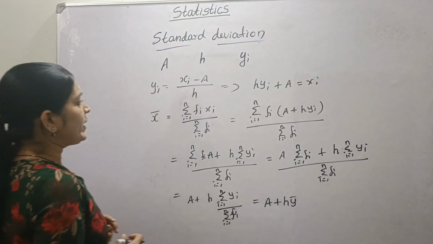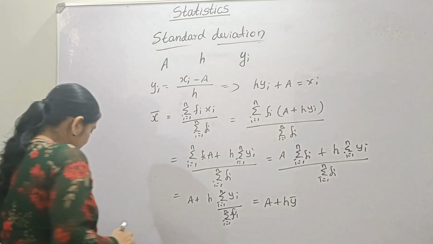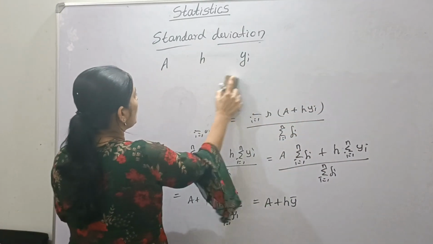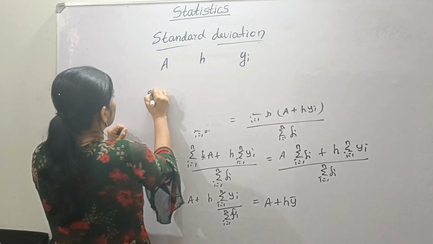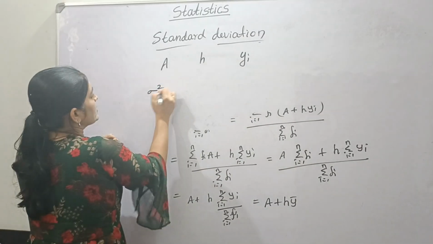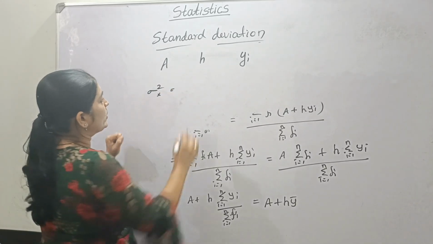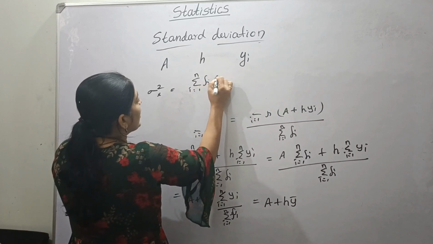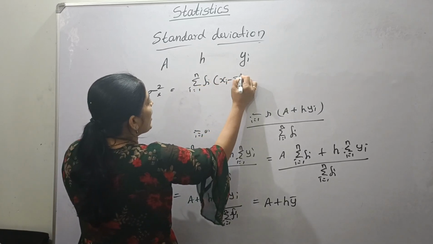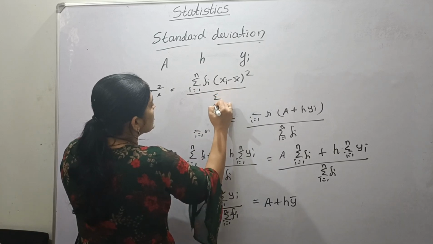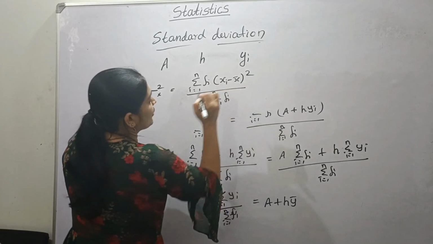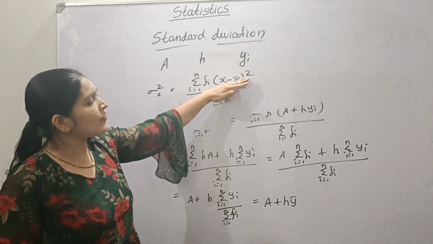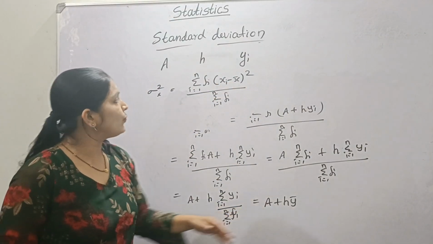Now what is the variance? The variance of variable x, that is sigma x square, is equal to, we know the formula, sigma i equal to 1 to n fi into xi minus x bar whole square divided by sigma i equal to 1 to n fi, right? So here we will substitute a plus h into y bar in place of x bar.